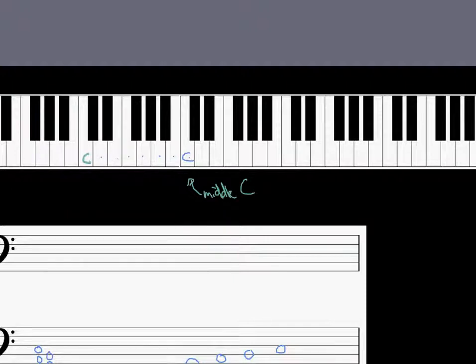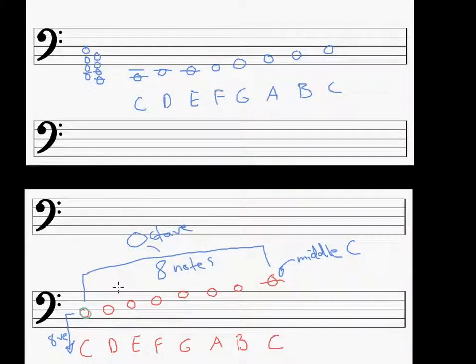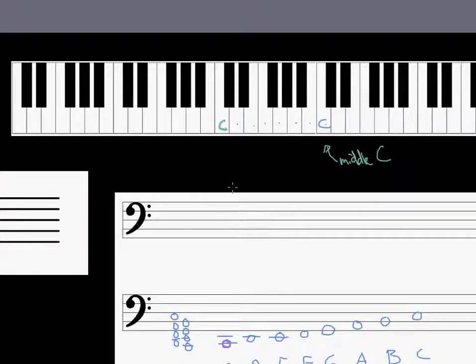That's our starting point. This C here, this C here. An octave below, so this C here will be another octave below here. So 1, 2, 3, 4, 5, 6, 7, 8. So that would be that C right there.